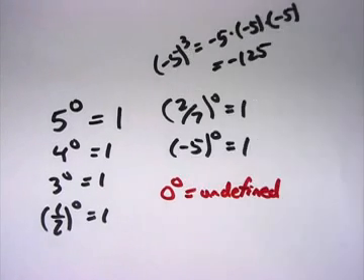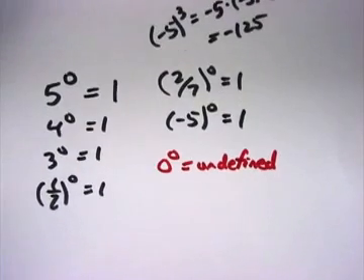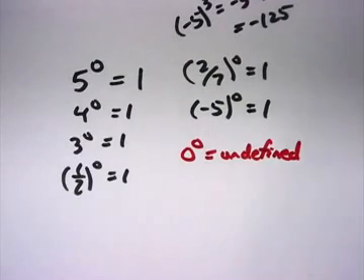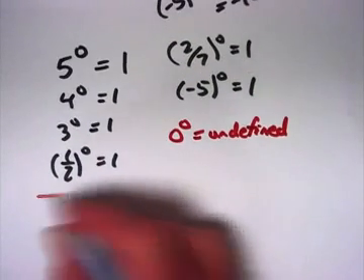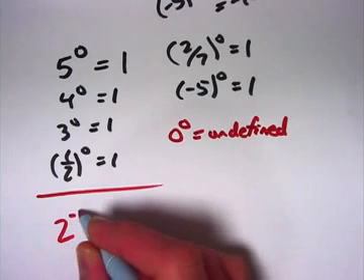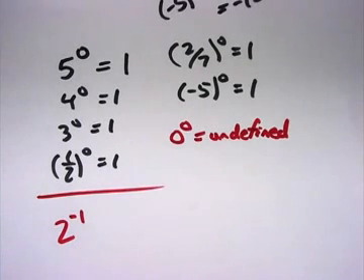Based on that, I want to explain very quickly what we should define, for example, 2 to the -1 power to be. What should it be? So now I'm trying to define negative exponents real quick too and try to give you a brief reason. What should 2 to the -1 be? Well, here's the key.